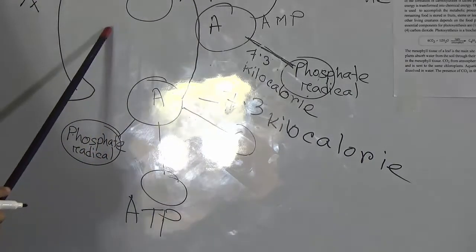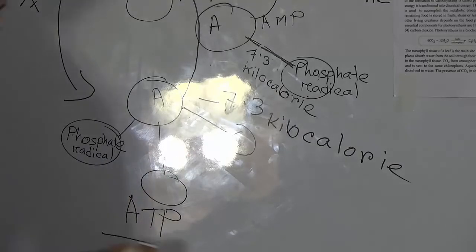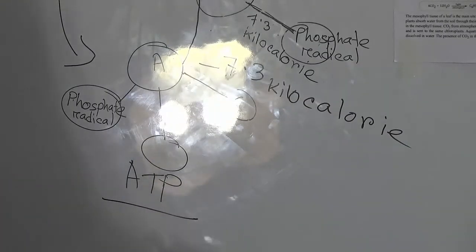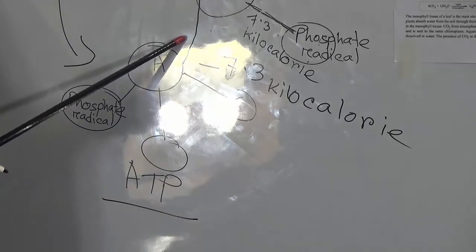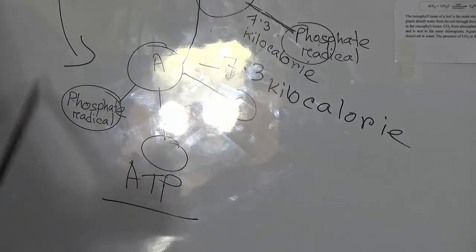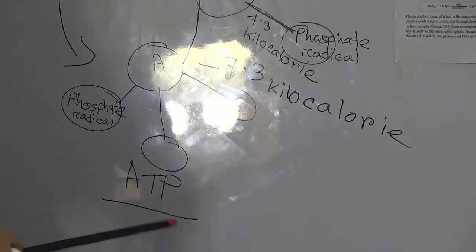Because when we need energy, at that time we use ATP. That's why ATP is known as the biological coin. When we need the energy, we use the ATP. That's why it is known as the biological coin.